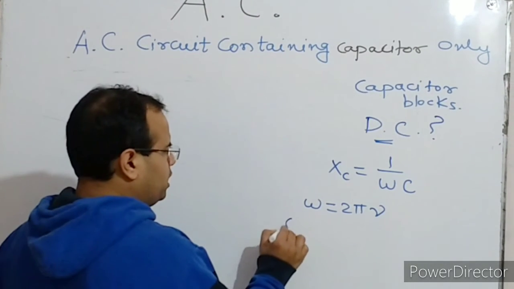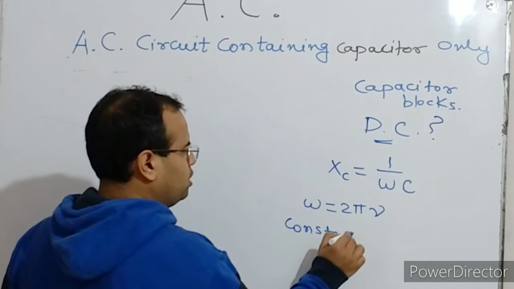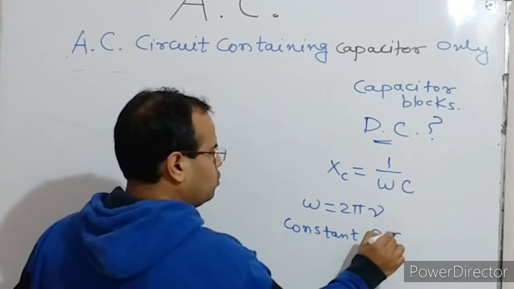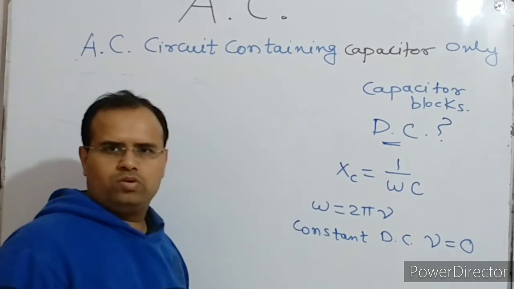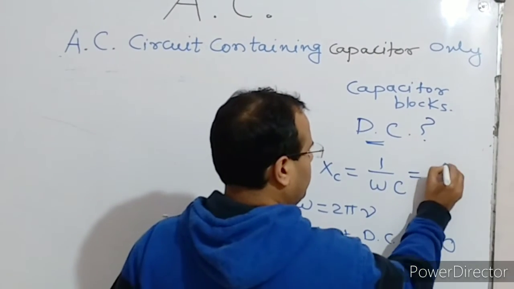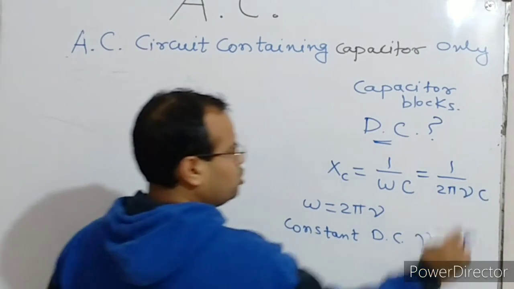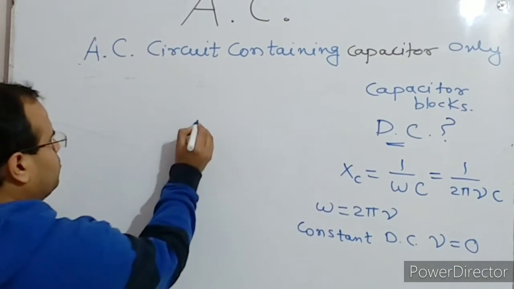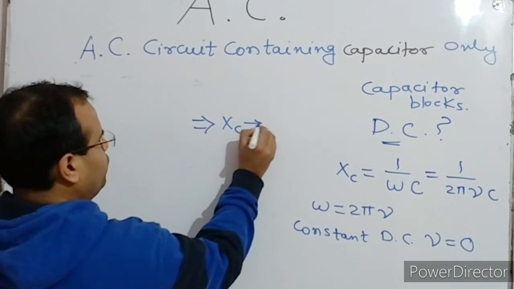Now for a constant DC, you know that nu is actually 0. So you can write Xc equals 1 upon 2 pi nu c, and because nu is 0, this implies Xc tends to infinity.